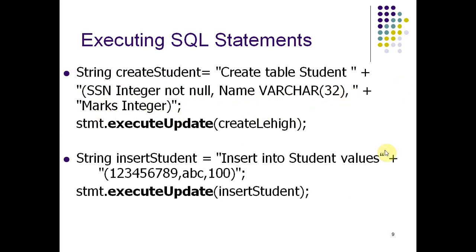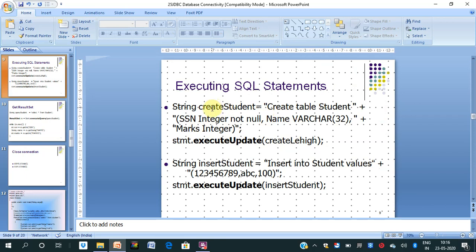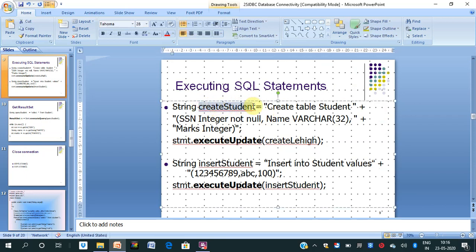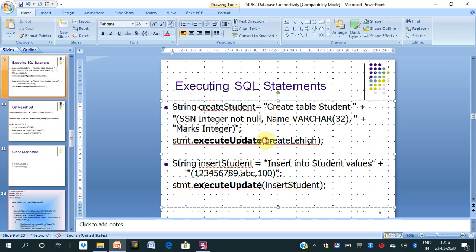So we have mentioned three fields, and it means we have created a table with three fields. And right after that, we have another statement, stmt.executeUpdate. We will mention here this string createStudent.